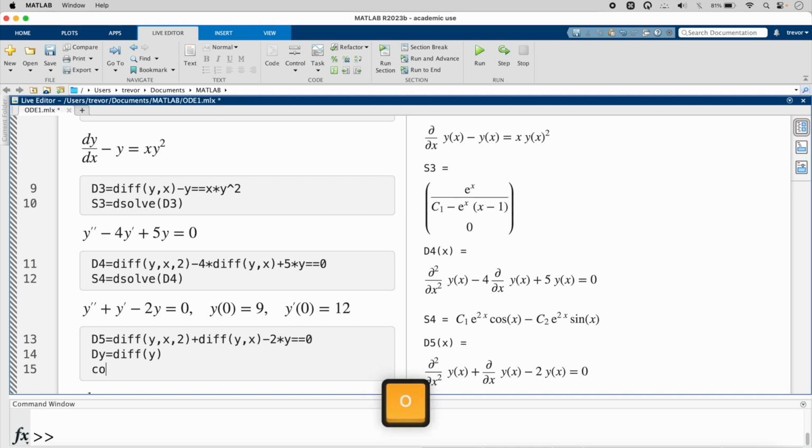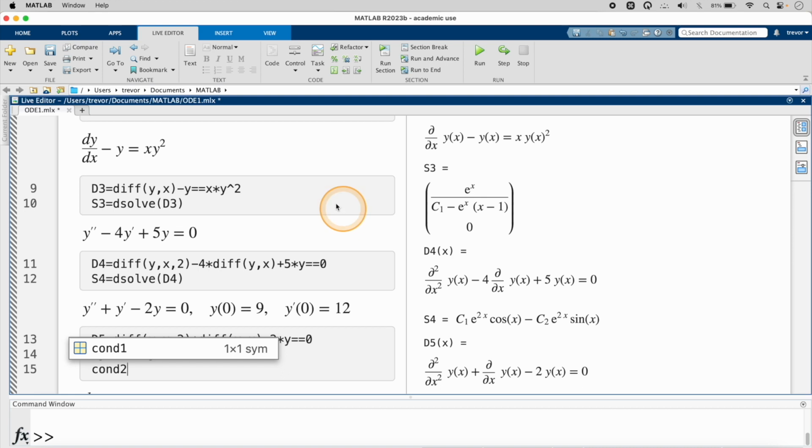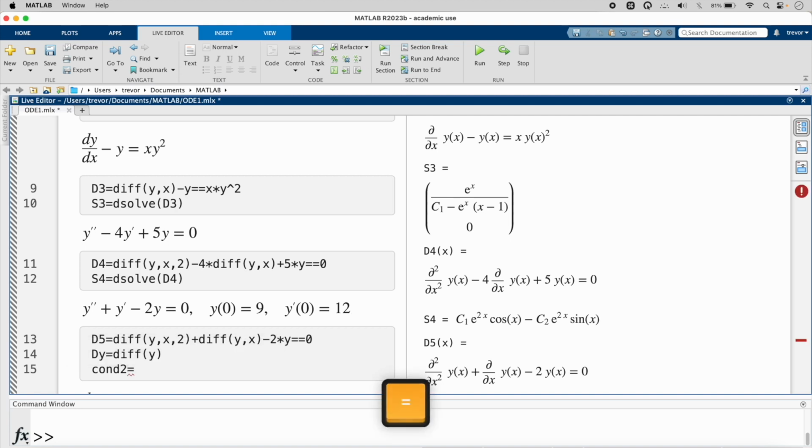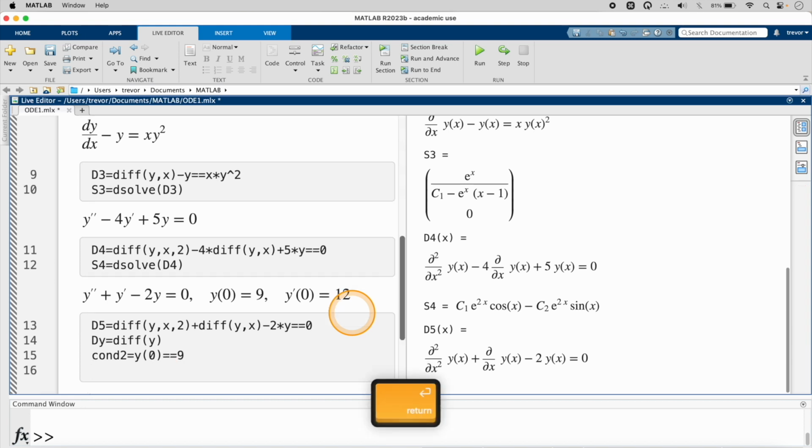I'll call it condition number 2, since I already have another condition 1 which is appearing here. That's why I'm saying condition 2, because I already used condition 1 above. So condition 2 is equal to y, open parenthesis, at 0. Define the equation by double equal signs is equal to 9. I press the return key.